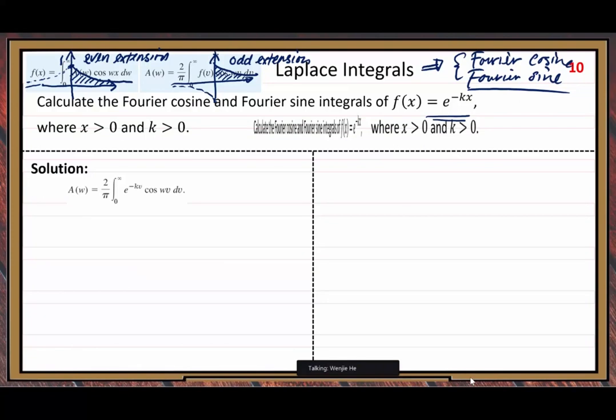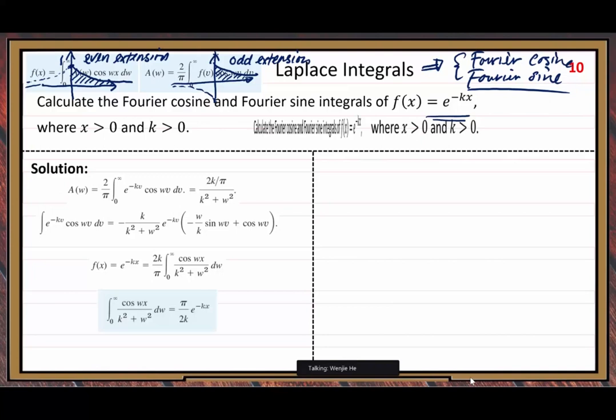Here, the first half, we do the Fourier cosine integral representation. So we need to calculate this integral for a function. After some calculation, we get the result. Then our f function, you can see you get a Fourier cosine integral representation on the positive half axis.